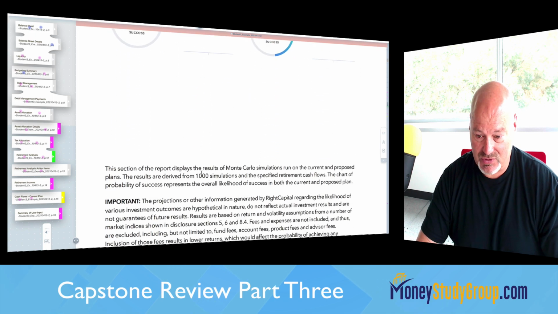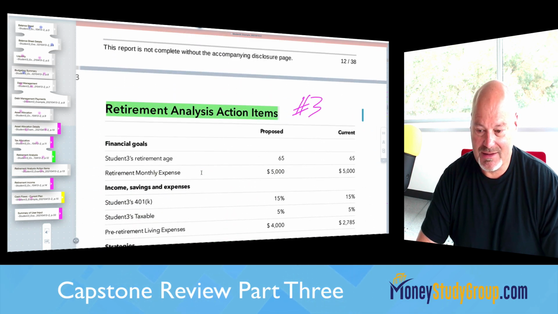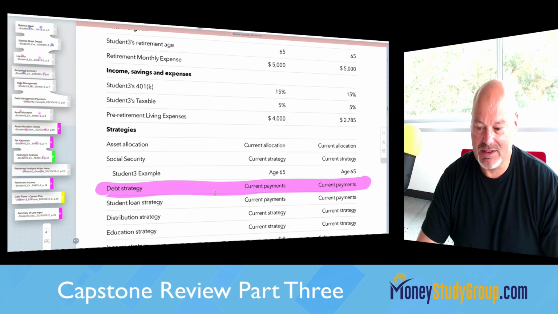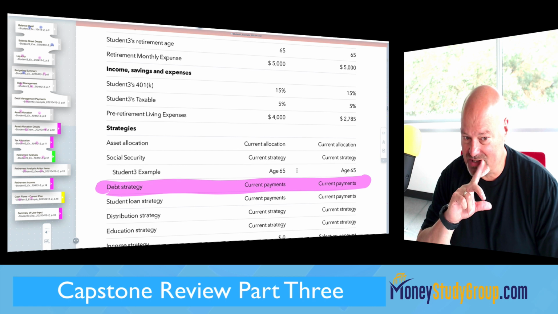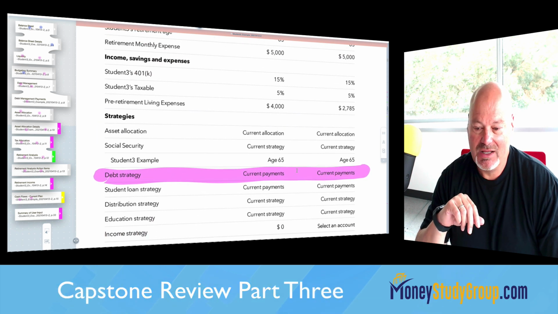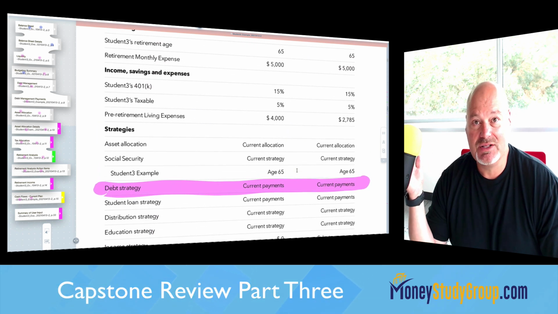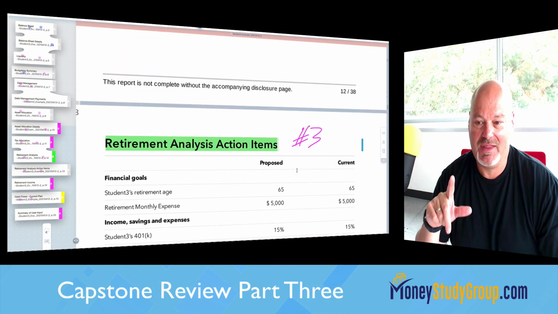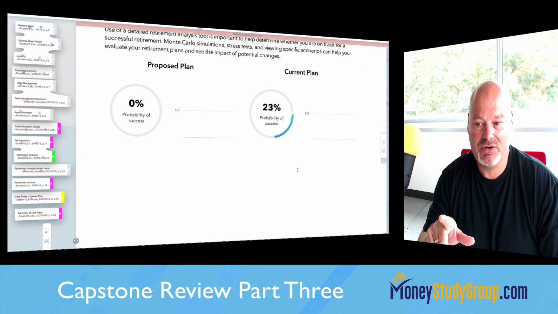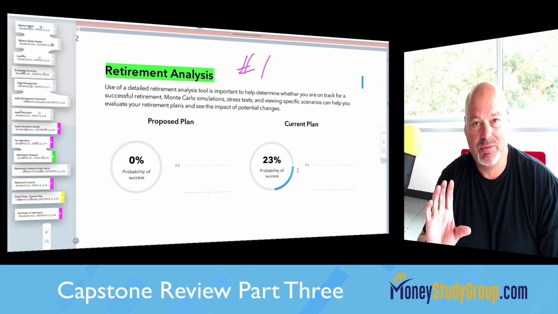For example, student number 1 did not apply any debt strategy. I don't know exactly how much debt we have in this plan, but if you didn't apply that strategy, you didn't get any benefit, and that didn't move the needle on your retirement probability of success.